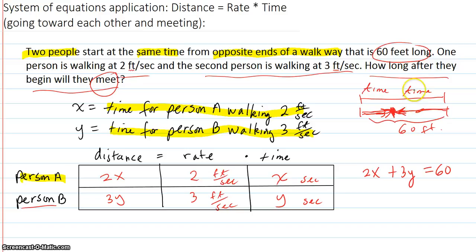The time is the same for both. It's the same time. So that means that y equals x. The amount of time for person A equals the amount of time for person B. And so there's your system.